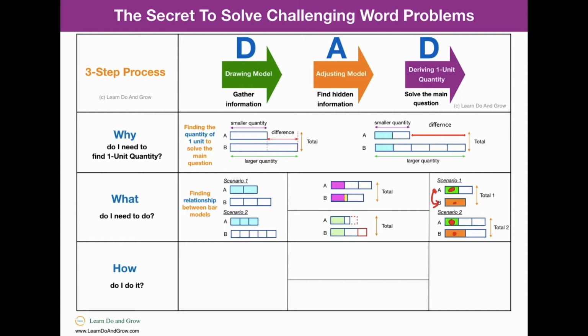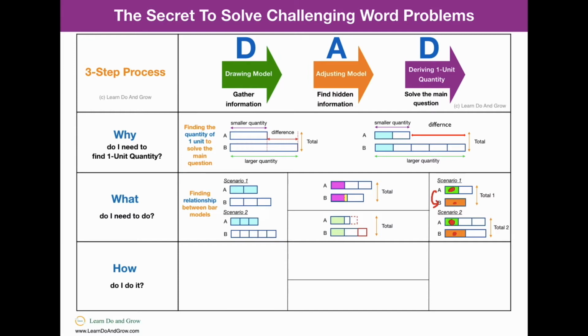So it is very difficult to standardize and to find the answer we are looking for, which is one quantity per unit. This is what I mean by asking ourselves, what do I need to do? By now you should know, you need to find the relationship between bar models. And these are the 4 types of questions that they can set regardless of any scenario given.